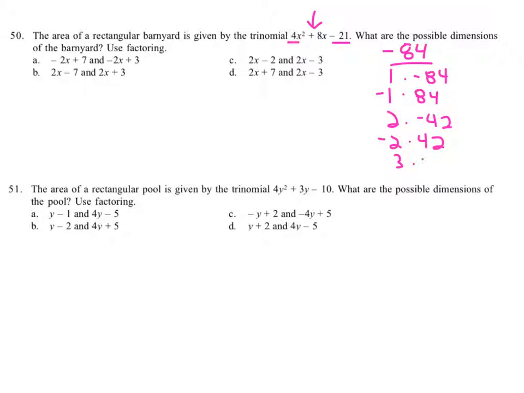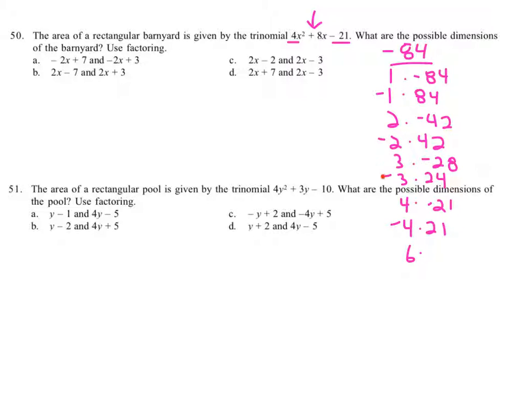Okay, so 3 times negative 28 or negative 3 times positive 28. 4 times anything? Yeah. If I double 2 to 4, I can take half of 42, and that's negative 21, or negative 4 times positive 21. 5 times anything? No, it doesn't end in 0 or 5. 6 times anything? Let's see.